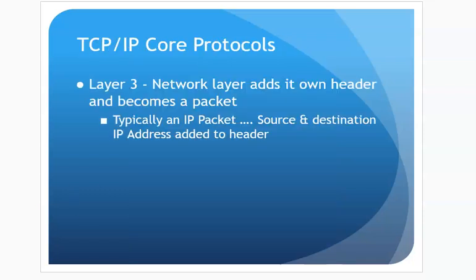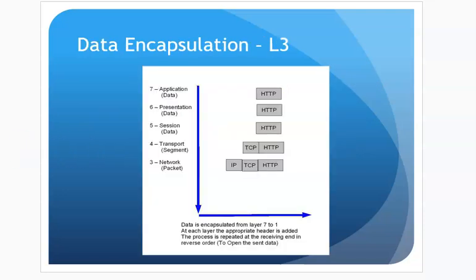As we move to layer 3, we typically now have an IP header. That is getting added on the front so this packet can get routed through a series of networks to the correct network and get delivered to that network. I always use the example of the York campus of Hack as opposed to the Gettysburg campus of Hack.